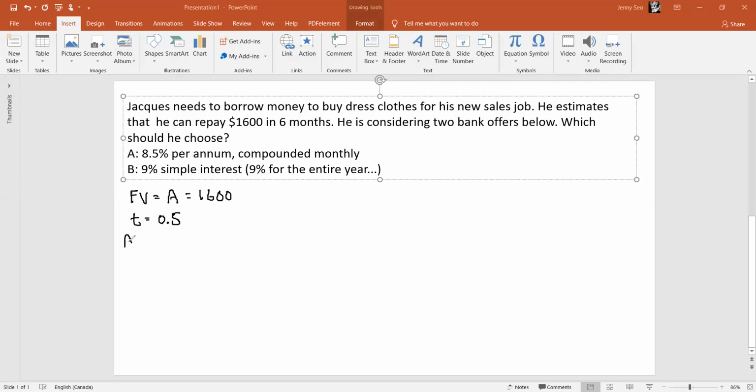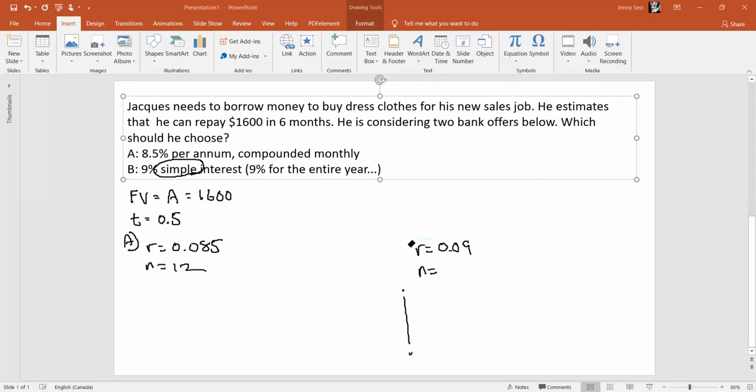The rate for A is 0.085, but it's compounded monthly, versus for B, the rate is 0.09, but it's simple interest. So I'm not even going to do this right now. We'll look at that a little bit later.